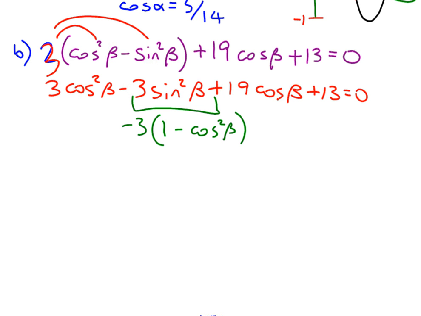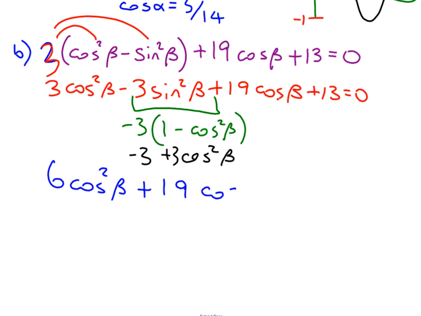When we put all this together, we are going to get 3 minus 3, sorry, plus 3 cos squared beta, which gives us in total 6 cos squared beta plus 19 cos beta plus 10.